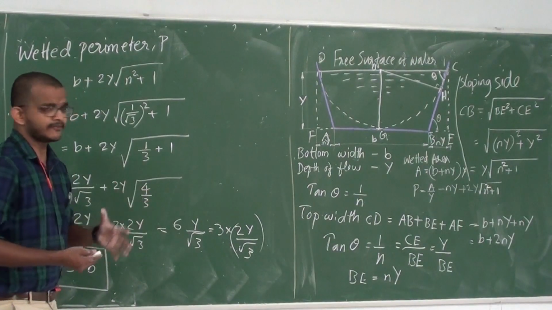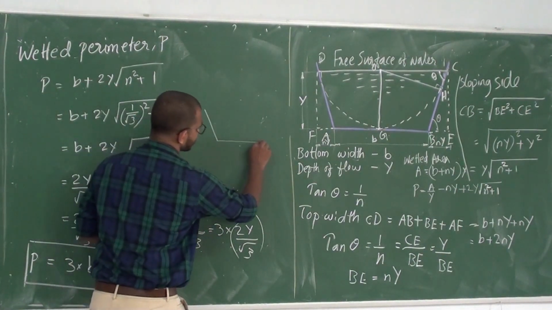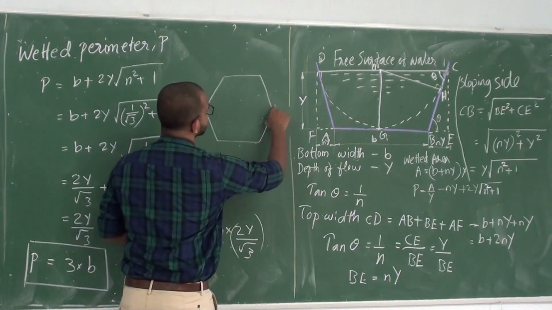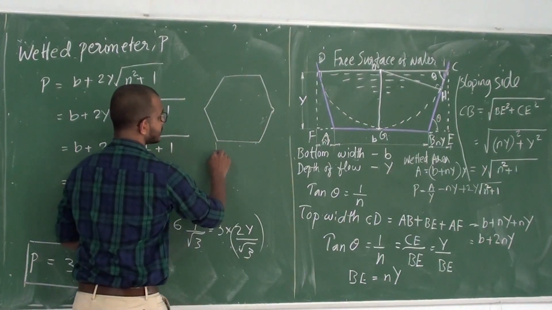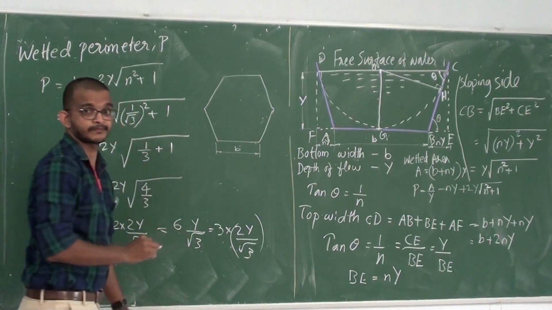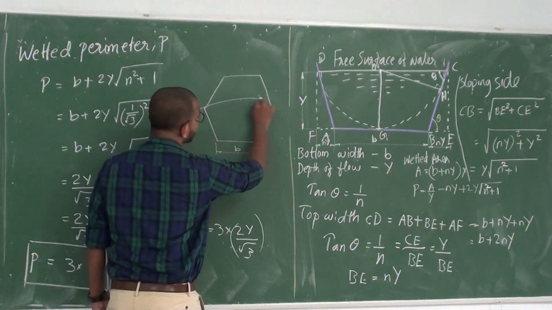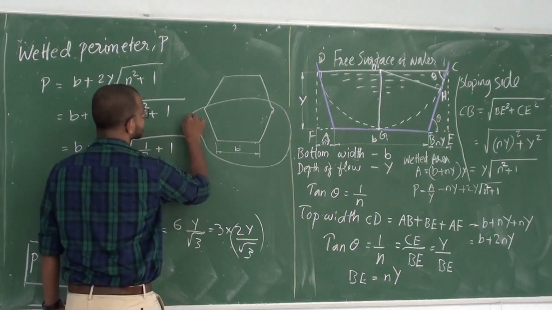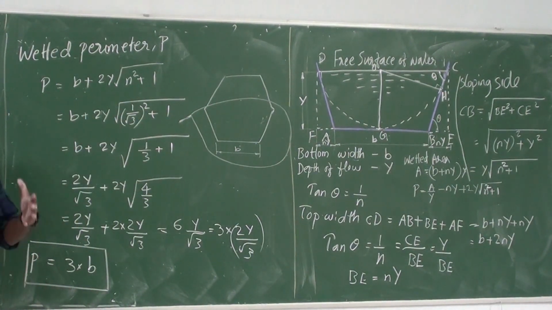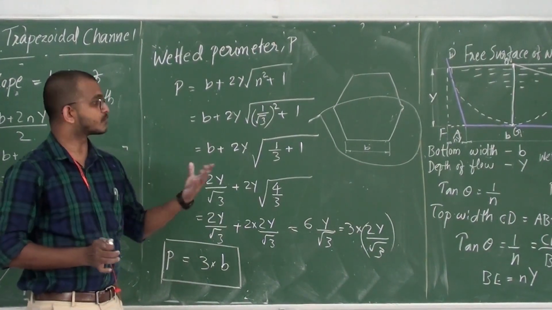So that means if you draw a regular hexagon with the base side as b, and you take the half, that means the 1/2 of the regular hexagon represents the shape of the most economical trapezoidal channel.